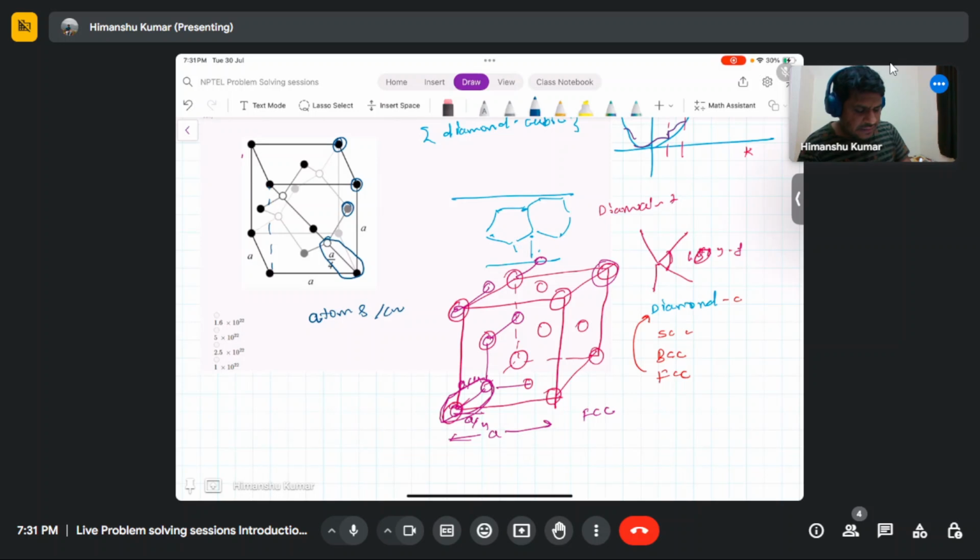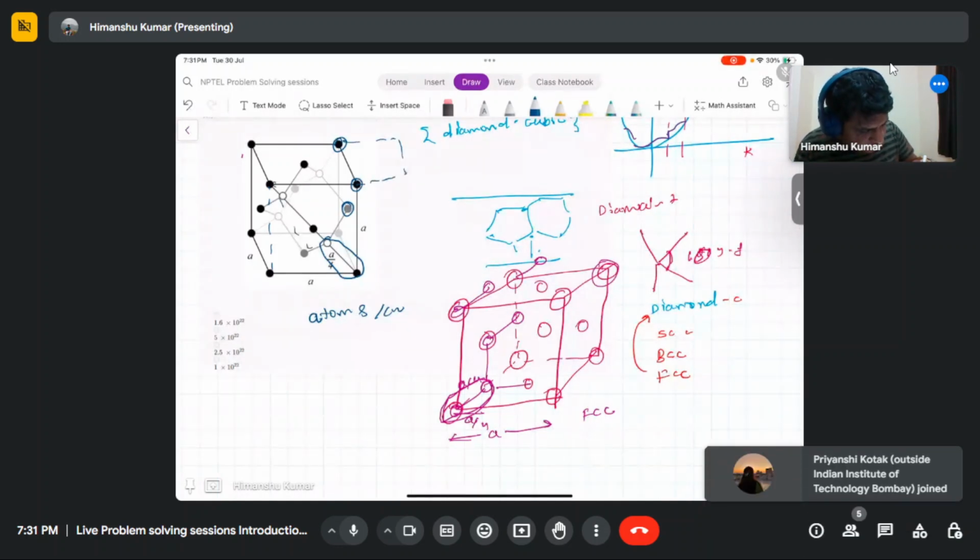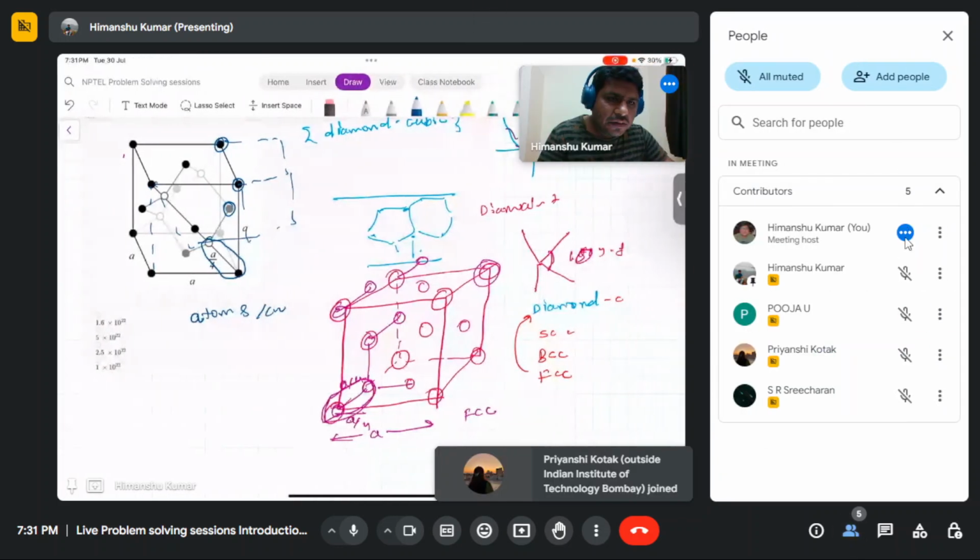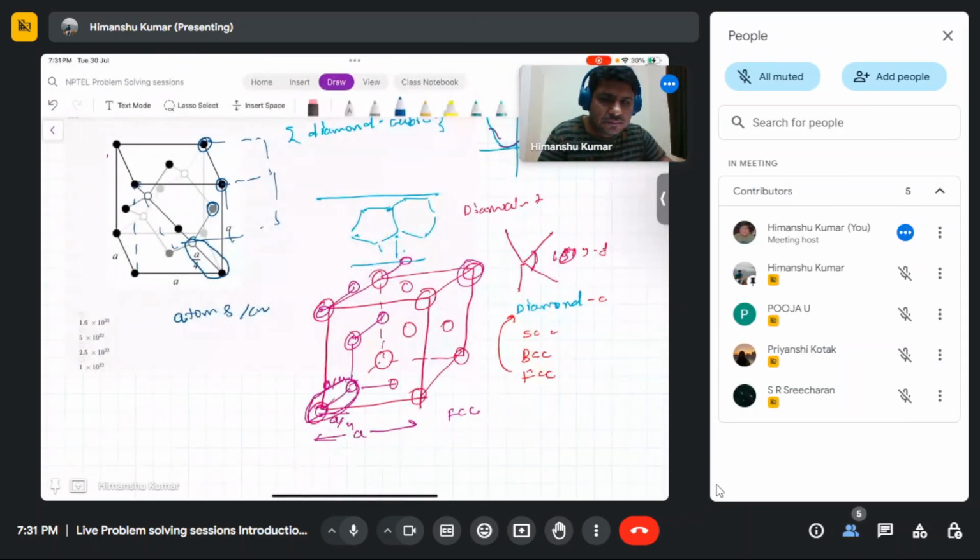This corner atom, if you extend this, you will see that in the plane of this, it is shared by 4 unit cells. Each corner in this plane is shared by 4 unit cells.